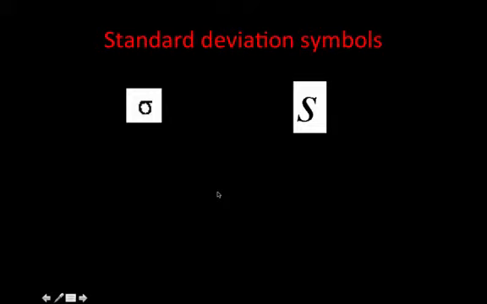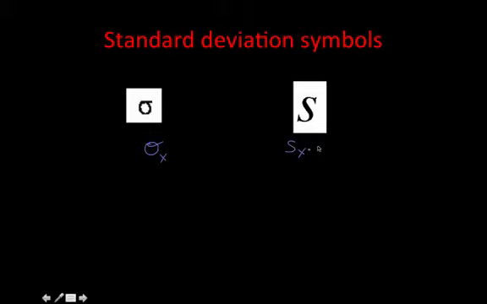Okay, so the last thing I want to talk about is the difference between these two symbols. So you might have noticed on the calculator that the number I wanted you to pay attention to was this sigma. It had sigma x, but right above it is an S of x.